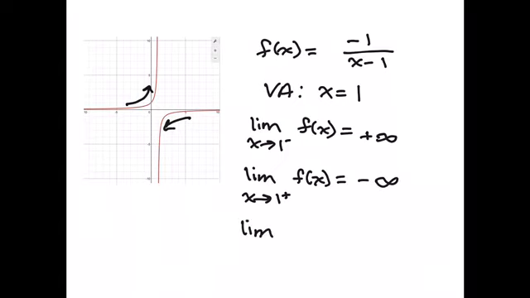So if I ask you for the limit as x approaches 1 in general, do those two things match up? No. So in this instance, I'm still going to say does not exist because the left and the right didn't match up. The one-sided limits give me information about the graph and what it's approaching, but in general, I still have to say does not exist.